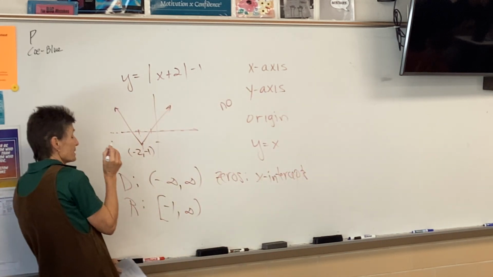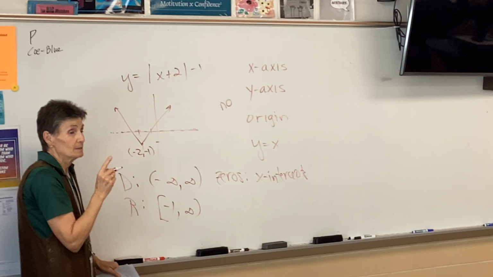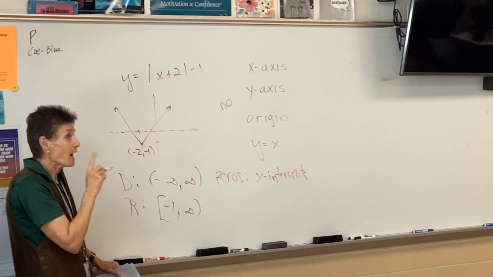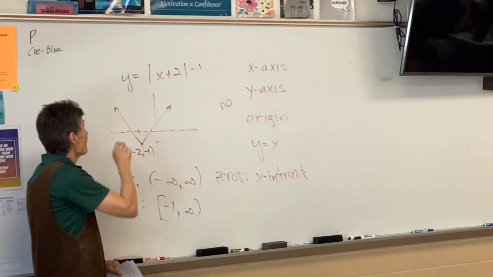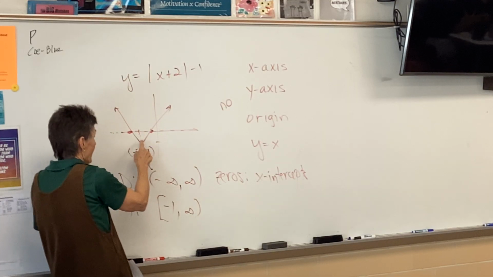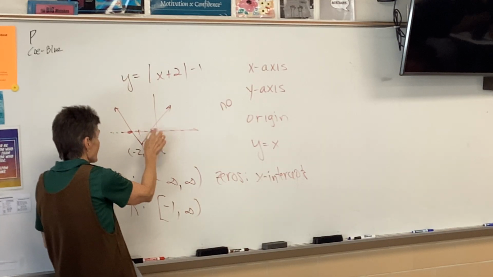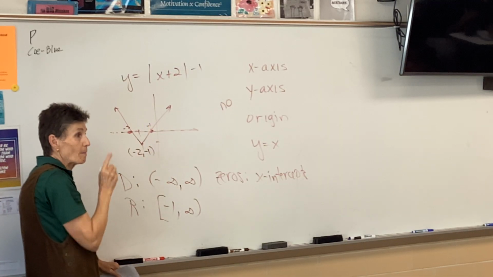Well, you can tell clearly that you cross a couple of places, right? You may or may not be able to tell from your picture where you cross, but it looks like, just eyeballing, it looks like -1 and -3. So I'm going to try it.